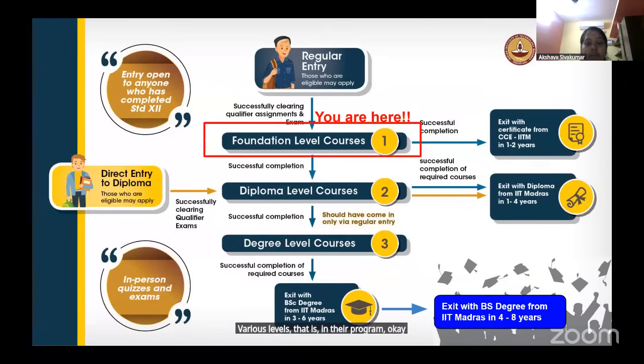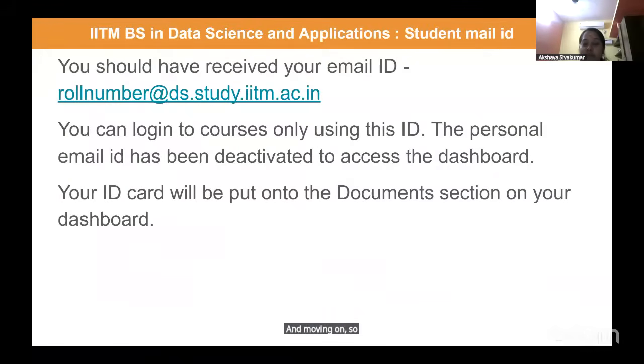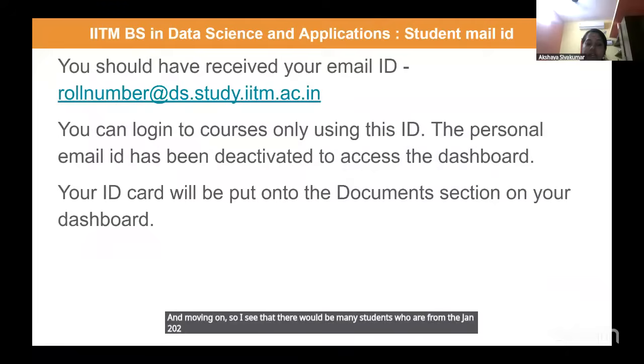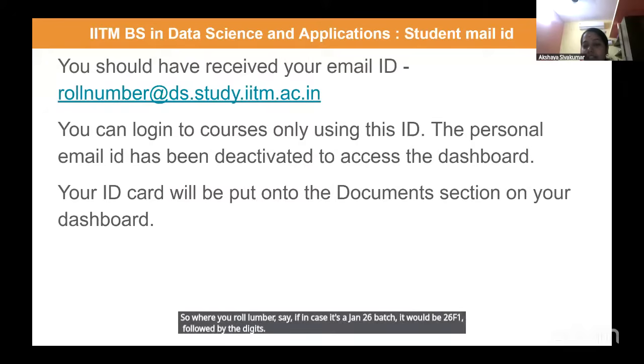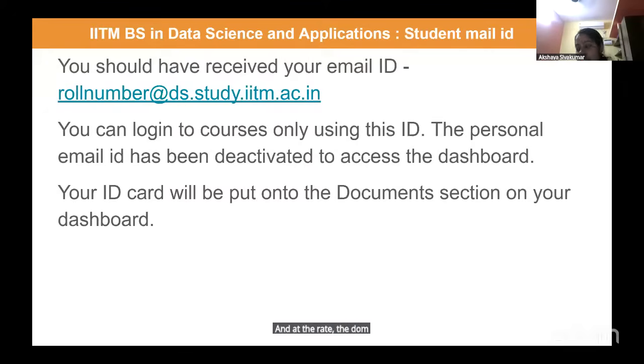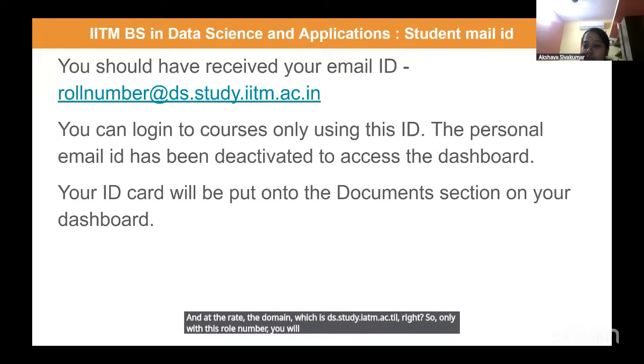Moving on, I see that there are many students from the Jan 2026 and May 2026 batches. If you have got your roll number, for a Jan 26 batch it would be 26F1 followed by digits, at the rate of the domain ds.study.iitm.ac.in. Only with this roll number will you be able to access your student dashboard and the course portal.